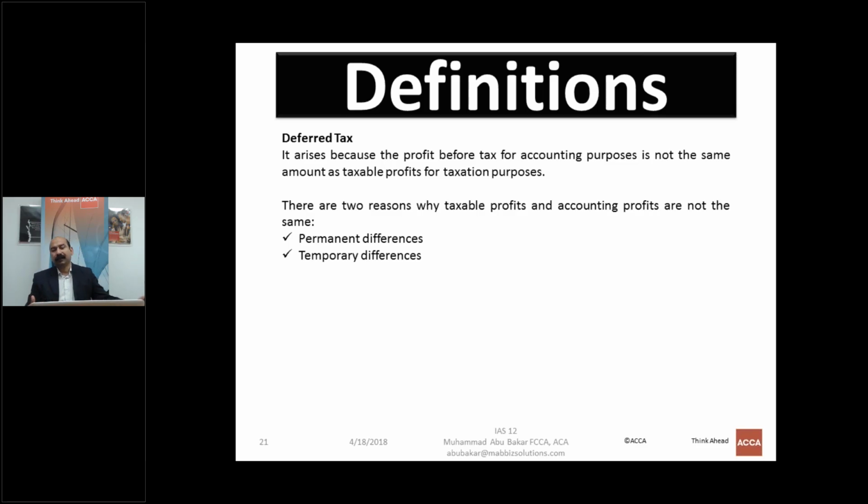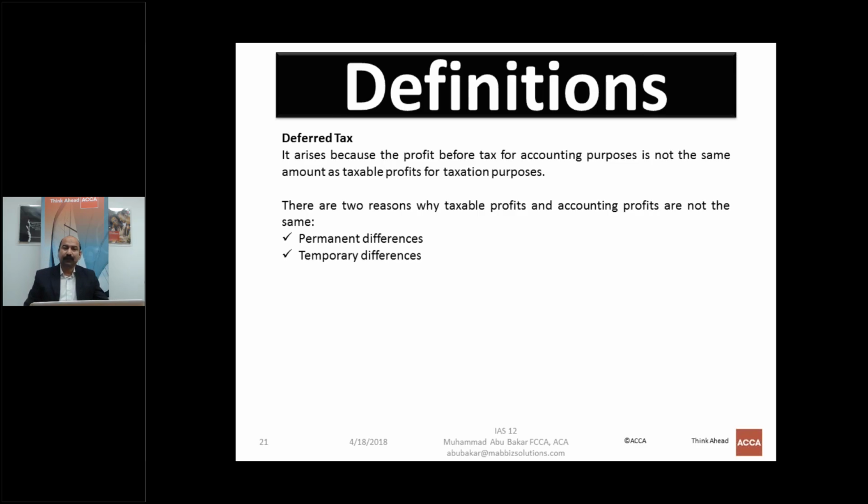But in case of permanent differences, these will never reverse. So deferred tax only arises on temporary differences. No deferred tax will arise on permanent differences. So this is another important point.